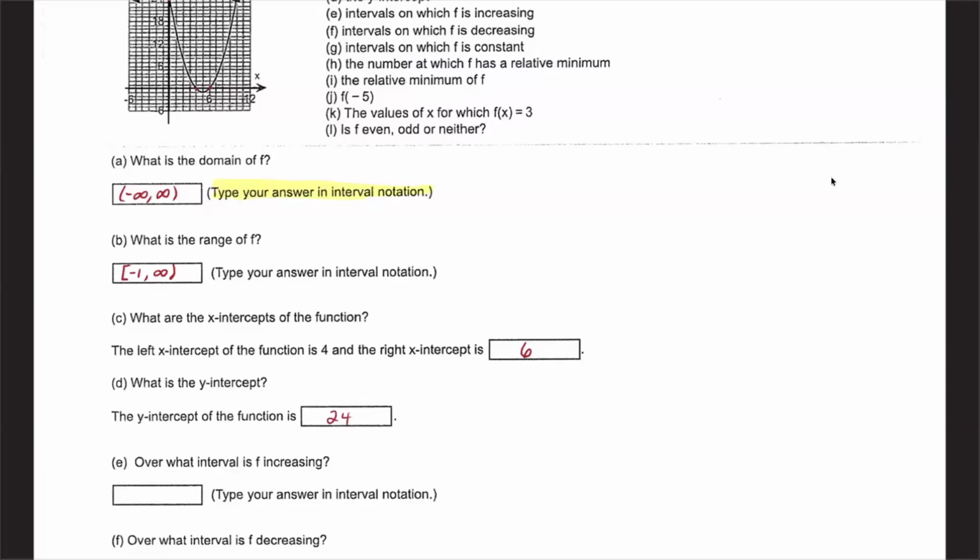Increasing means the graph is going upward from left to right. Decreasing means the graph is going downward from left to right, and constant means the graph is level or horizontal from left to right. Constant meaning the y values are not changing.